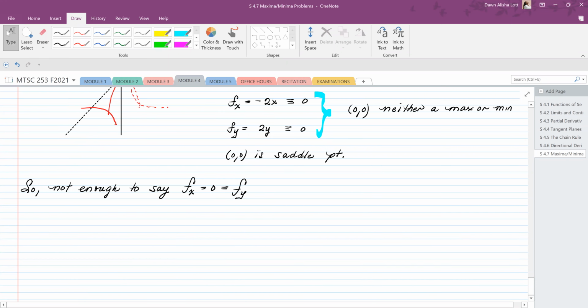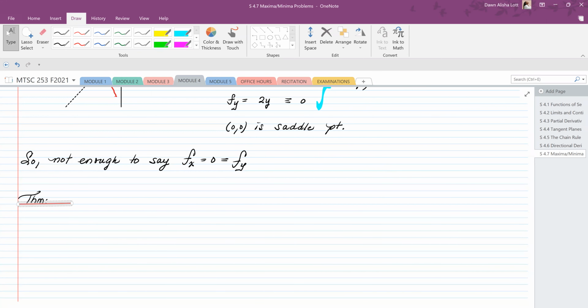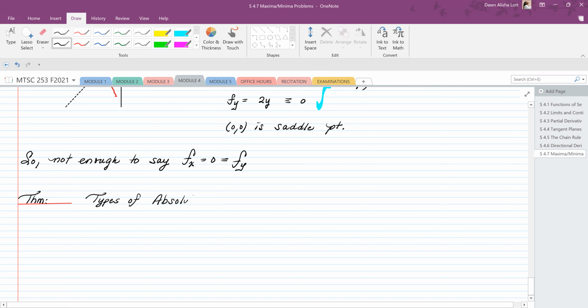All right. So here's a theorem. So there are 3 types. So they're the types of absolute extrema. Okay.